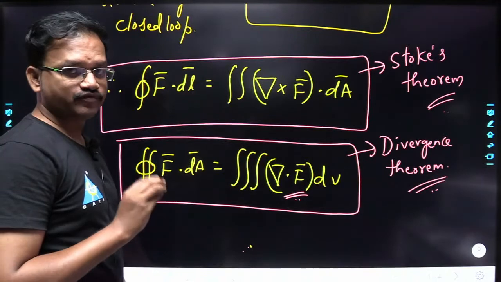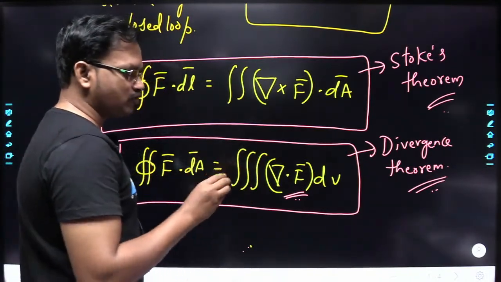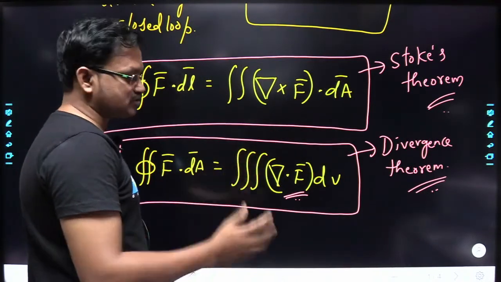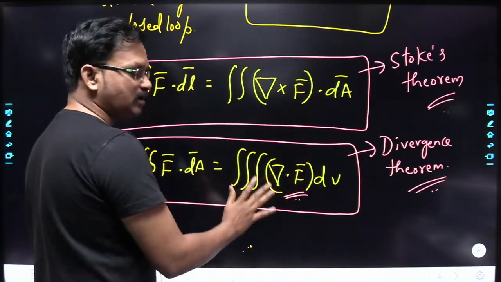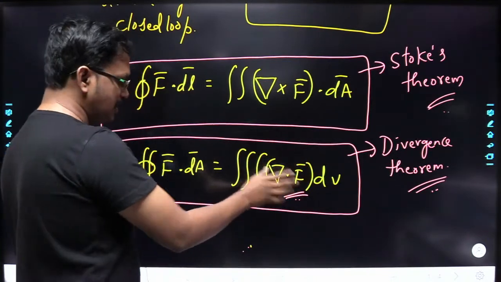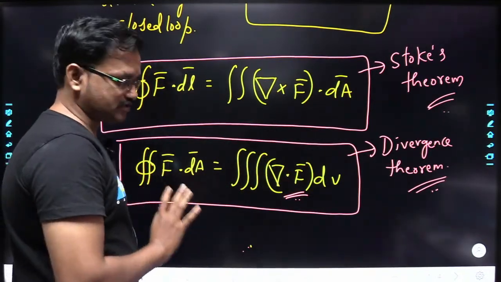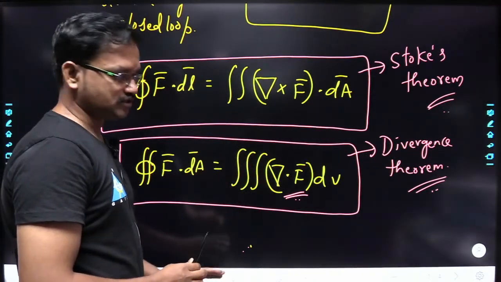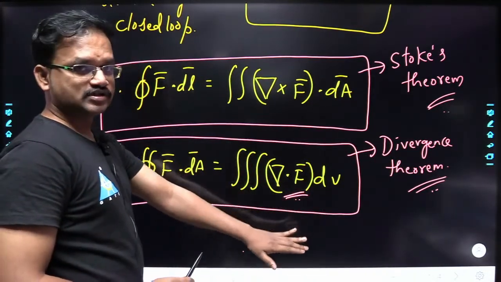So if you add up the divergences throughout the volume that is enclosed by this closed surface, then you are going to get the flux that is leaving the closed surface. We have already discussed this, the divergence theorem, yes or no?